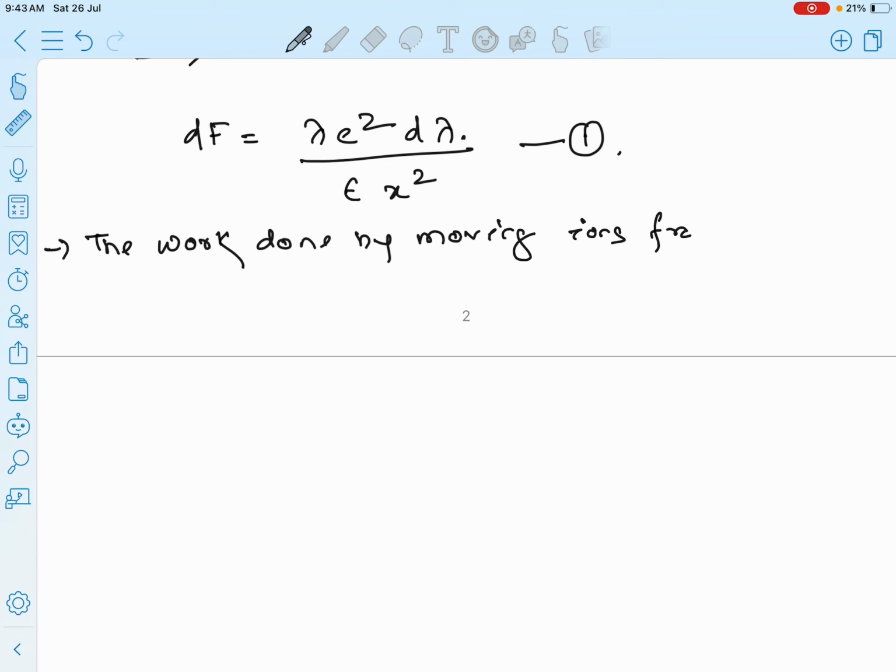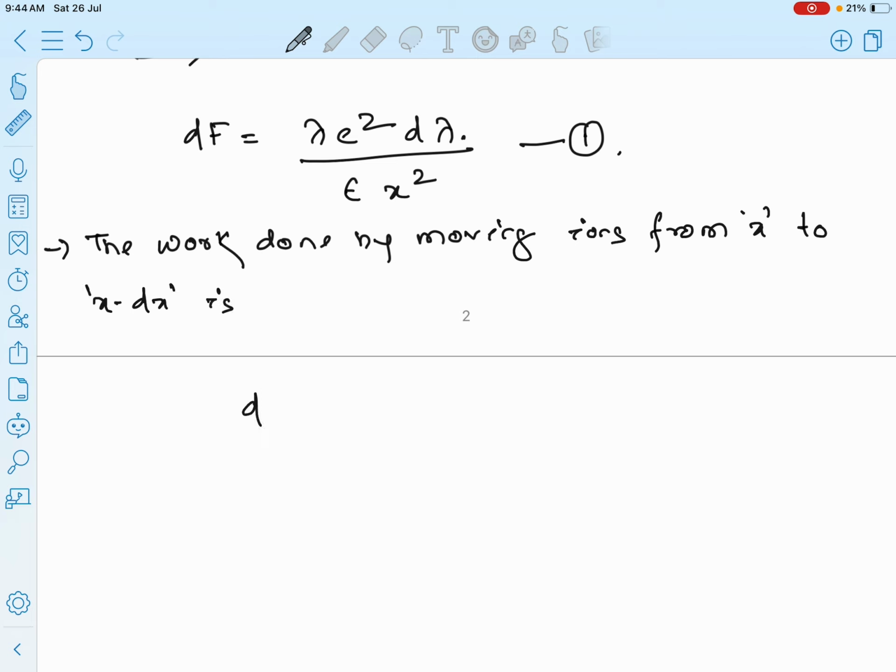If the ions are present at x distance, then with an infinitesimal change they will move closer to each other, that means the distance would decrease. Therefore we can write x to x minus dx distance.